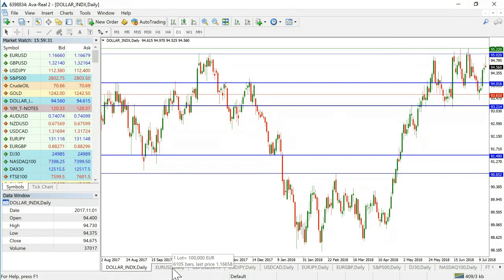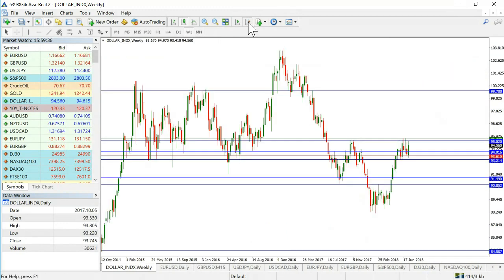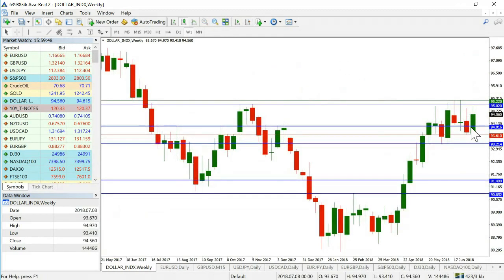When we look at the weekly levels, let's go into the weekly time frame. You can see we're still very much contained within price action which has been moving sideways for now 5 weeks. So 1, 2, 3, 4, 5, in fact 6, 7, potentially even 8 weeks, contained between the highs of 95 and the lows, which I shall just bring down ever so slightly, to 93.41.